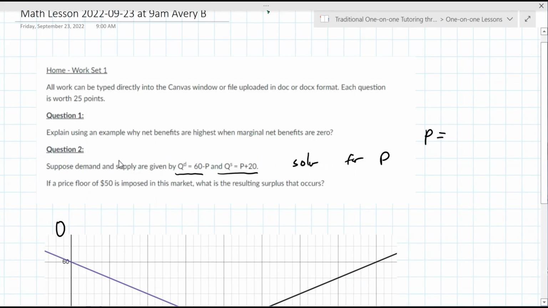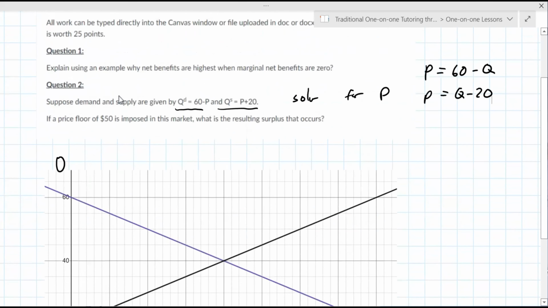So P is 60 minus Q. It doesn't change anything actually, and the other one is P equals Q minus 20. So I guess it does change slightly.